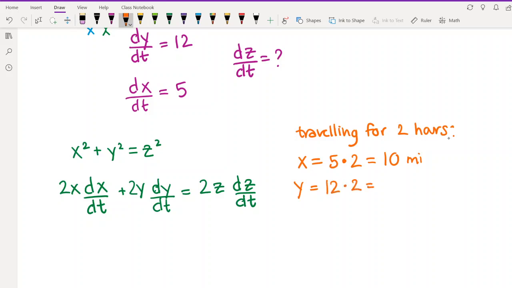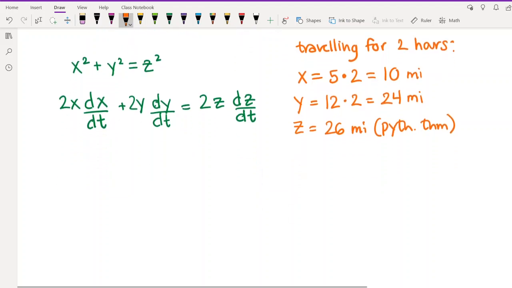So if we multiply that by 2, that tells us that they have traveled 24 miles. And then the distance between them, well, we have to use the Pythagorean theorem. And if you use the Pythagorean theorem, you should find that z is 26. So I'll just write that down. That's the Pythagorean theorem, or just the fact that it's a Pythagorean triple. It's a triangle with these nice side lengths.